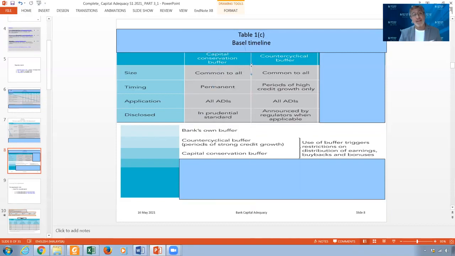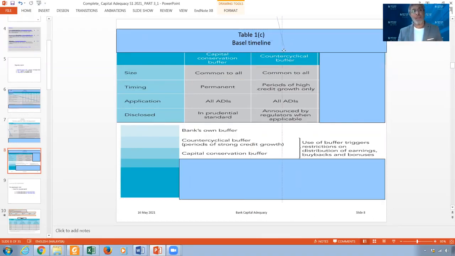Now, we have another one, which is 2.5, but we don't apply it. And if we apply it, the minimum total capital will go to 13%. And this will make European banks especially crazy to hold 13% just as a capital. This one, we call it the counter-cycle buffer.